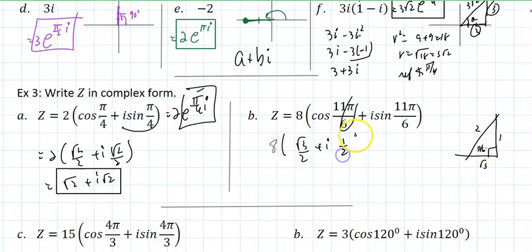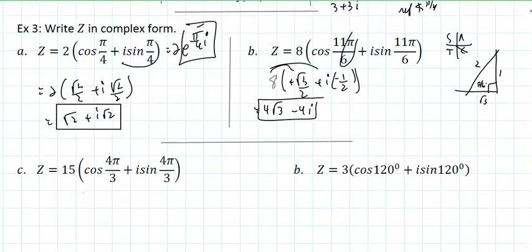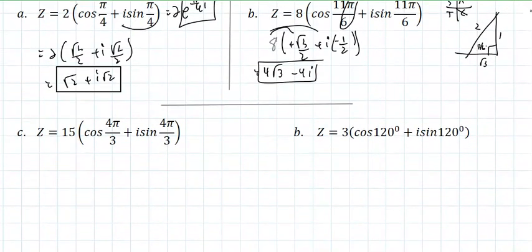Sine is the opposite over the hypotenuse. 11 pi over 6. So this is going to be 4 radical 3 minus 4i.